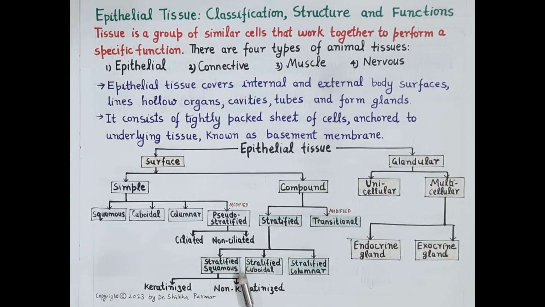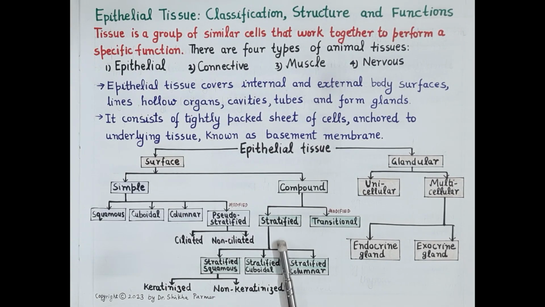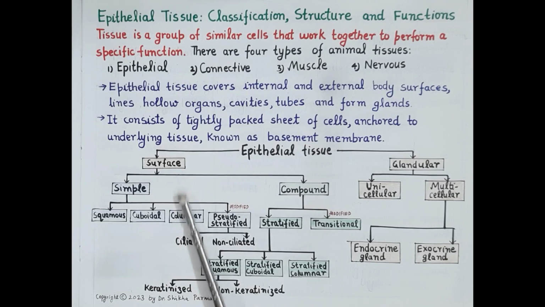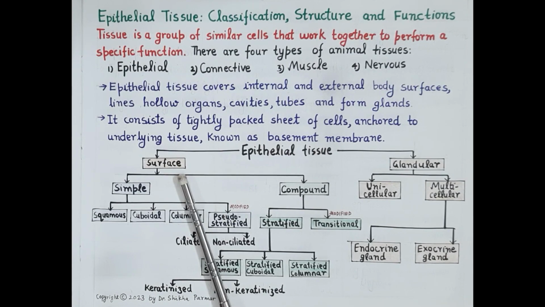Stratified squamous tissue is again of two types. It can be keratinized or non-keratinized. The primary function of stratified epithelial tissue is to provide protection to the underlying tissues. So, this is the classification of surface epithelial tissue that covers internal and external body surfaces.